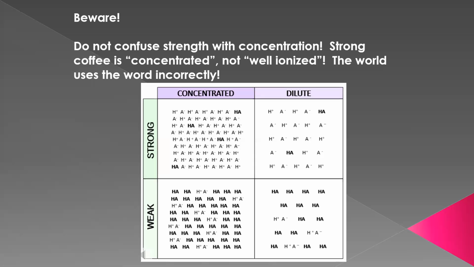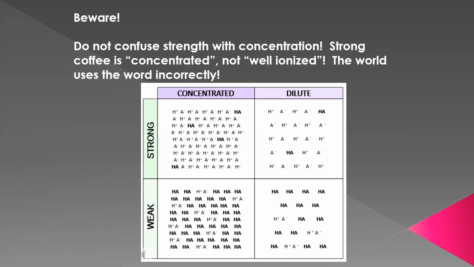And then look at the row that says weak. And again, look at the bold. What do you notice about the bold letters in both the left and the right of the row that says weak? There's a lot of bold, a lot of not ionized pieces. What is a weak acid? Something that does not ionize well.